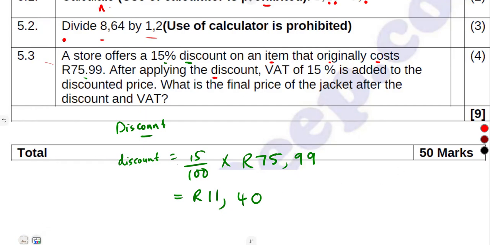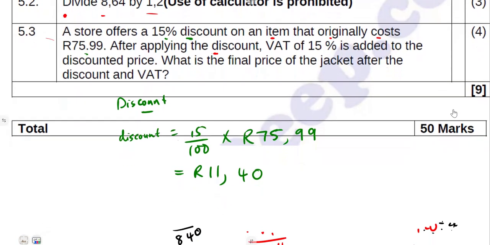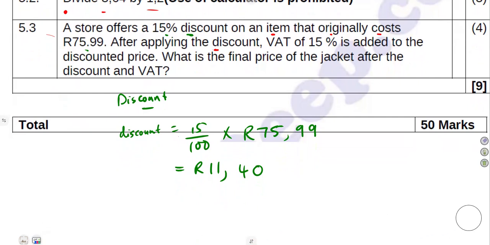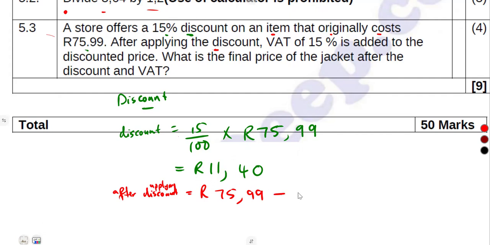Just our discount. So after applying the discount, what are we going to have? After applying our discount, it is going to be the original price, which was 75.99, minus the discount of 11.40.